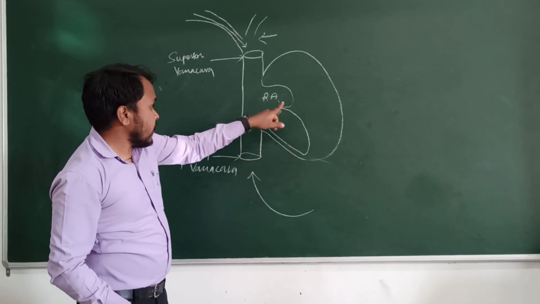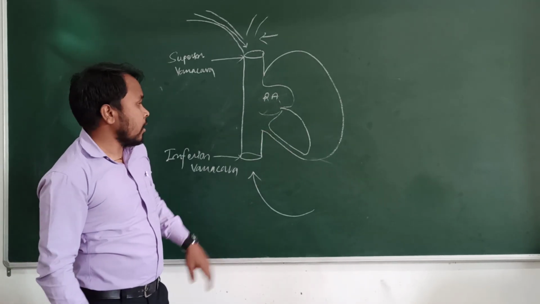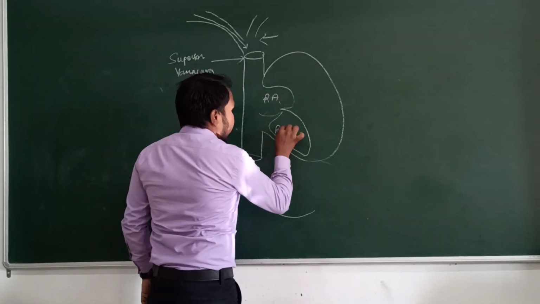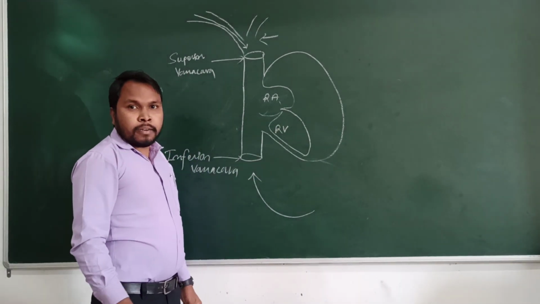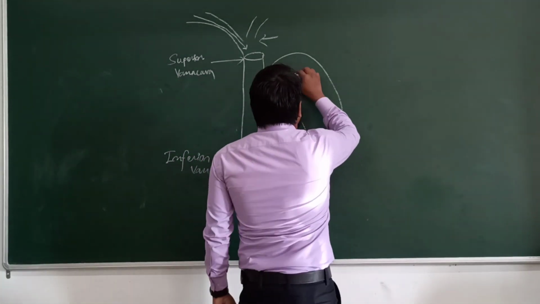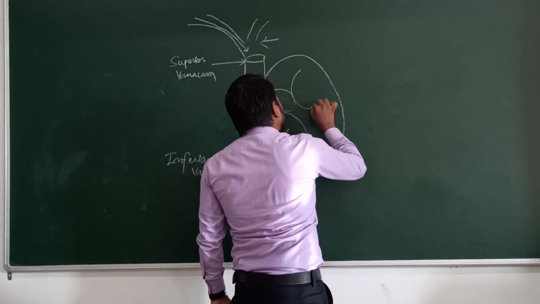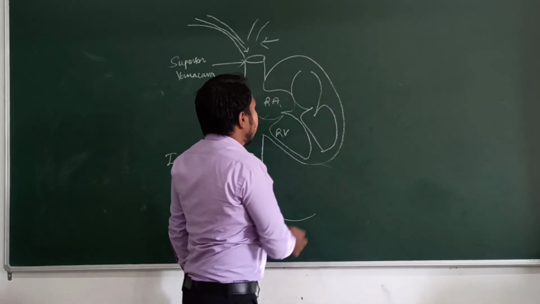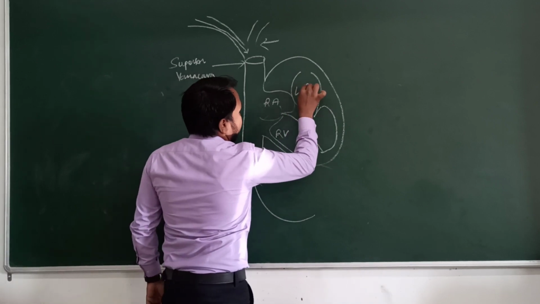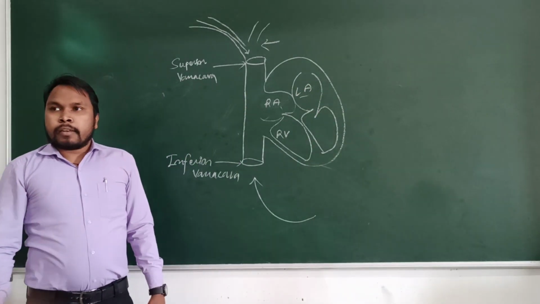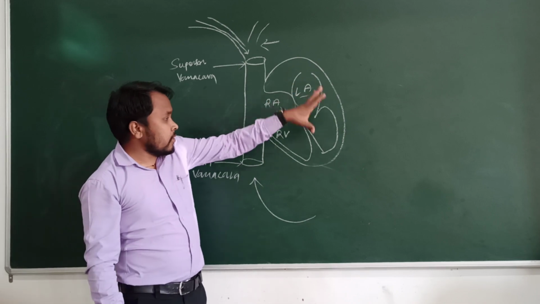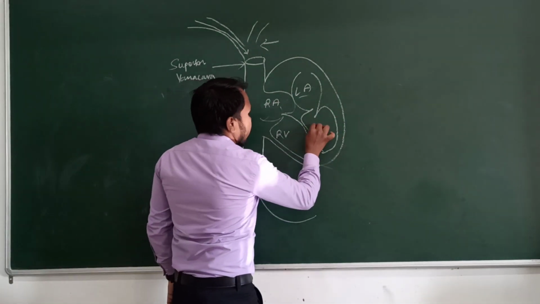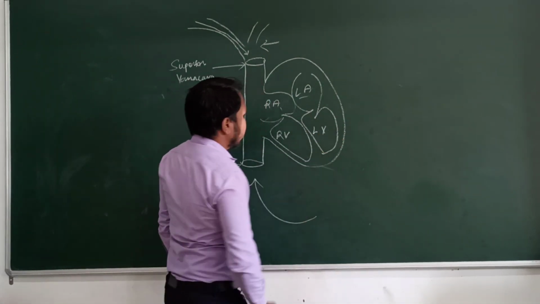This is a larger chamber than the auricle. So this is called ventricle. So this is right ventricle, and here is another special structure. This structure is located on the left side of the body, that is left auricle, and after that we will discuss the left ventricle.